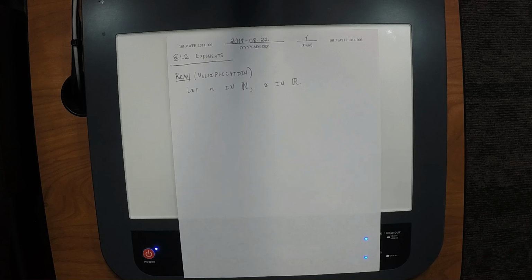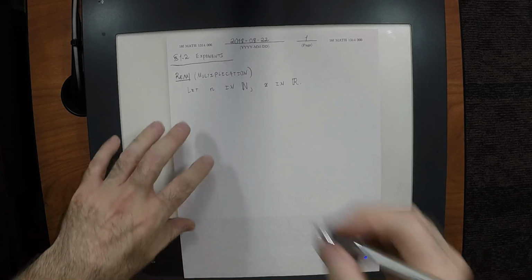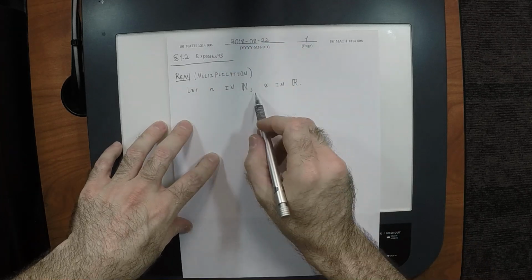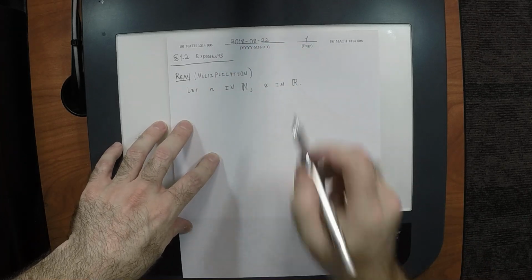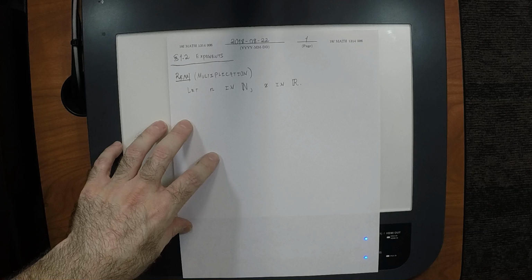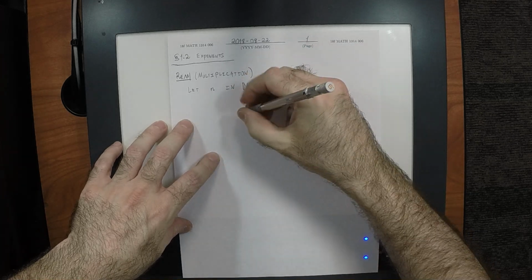I heard someone say 0, right? So 0 is a natural. As fate would have it, mathematicians are like the lawyers of the science people. So we really care about positive versus non-negative. All right. So n is a natural and x is real. That means that x is any old number on the number line. Okay.